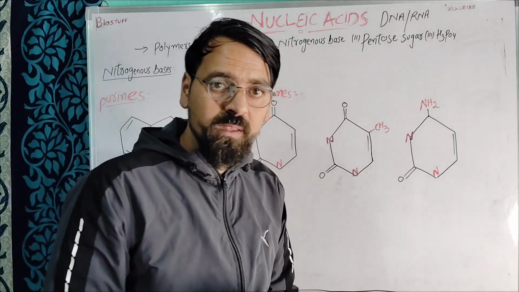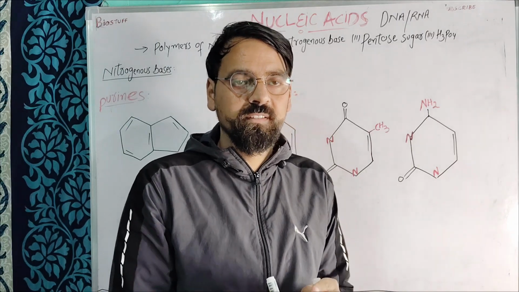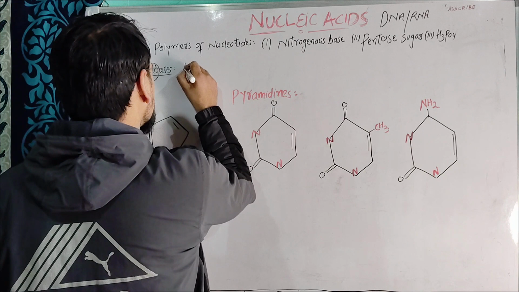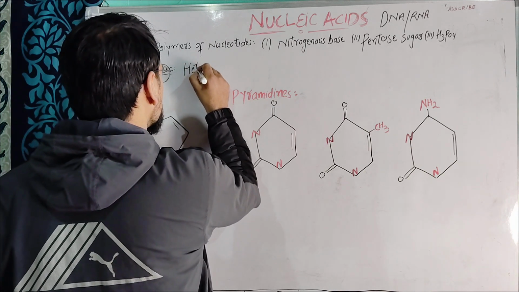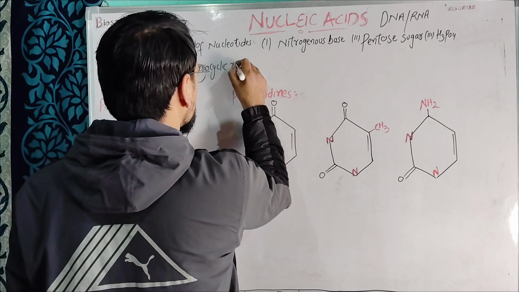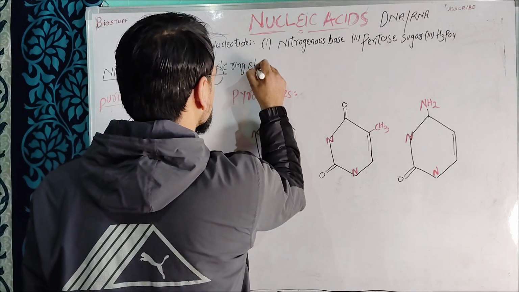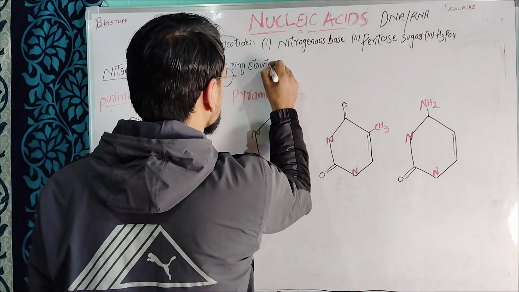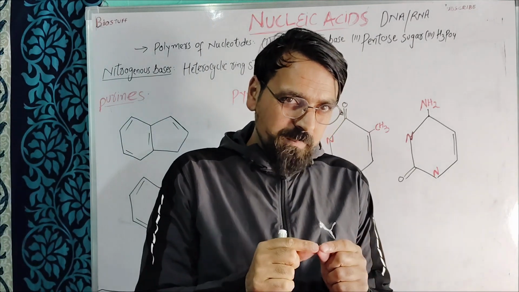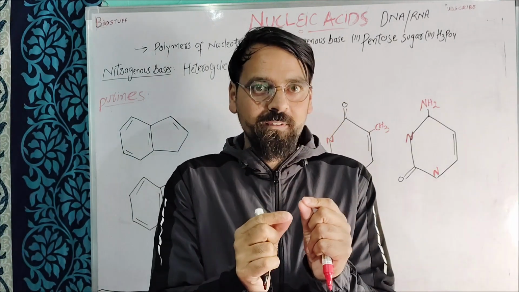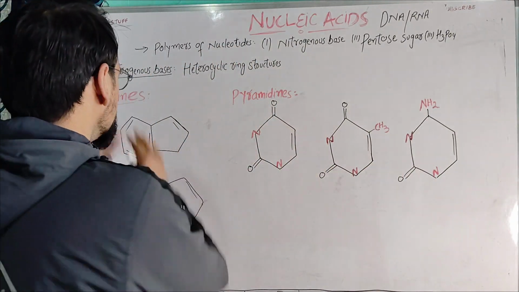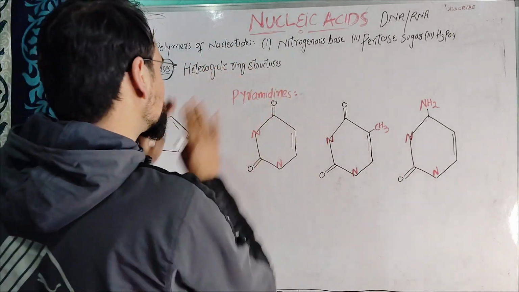Nitrogenous bases are heterocyclic ring structures. Heterocyclic means that this nitrogenous base will contain 2 different types of cyclic rings, as we will see in the following diagram. So nitrogenous bases are heterocyclic ring structures.